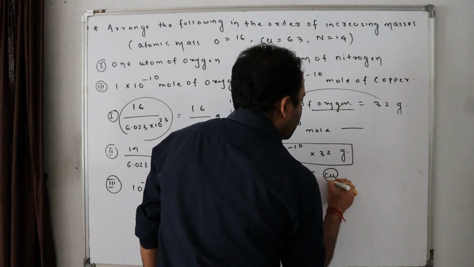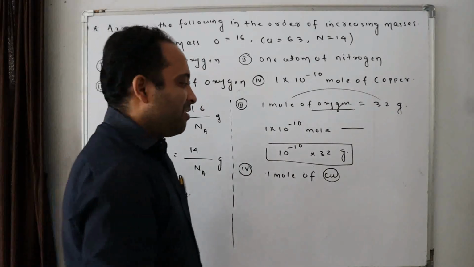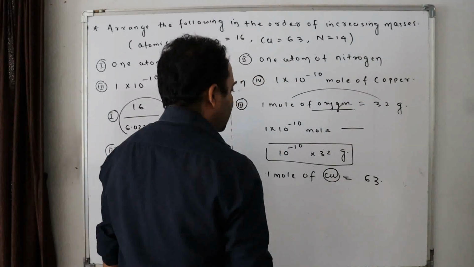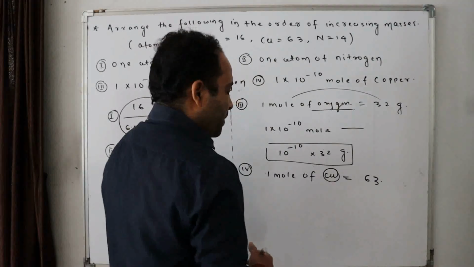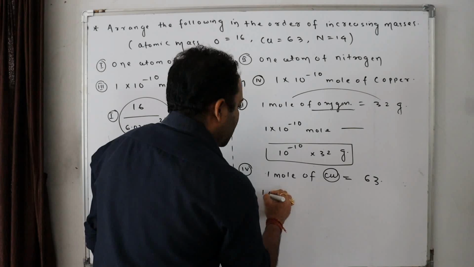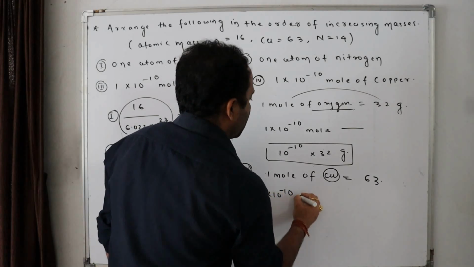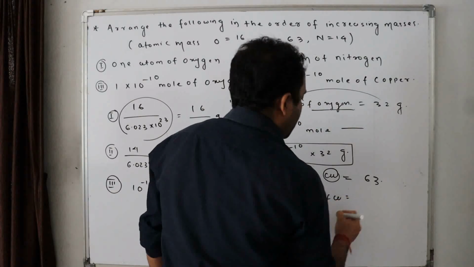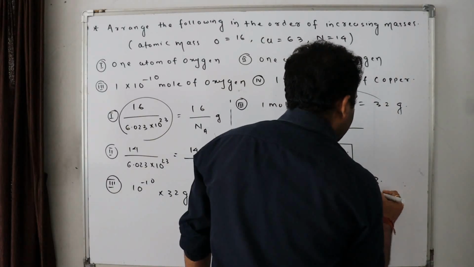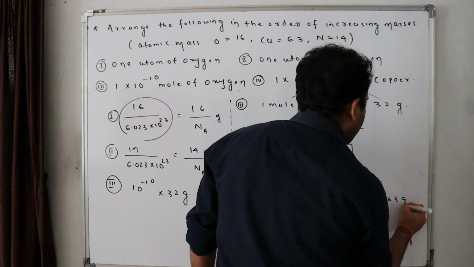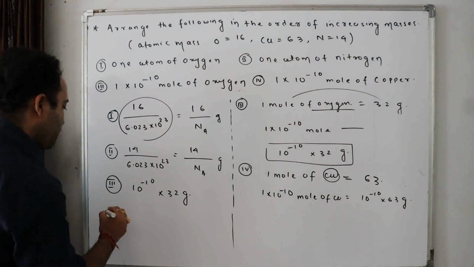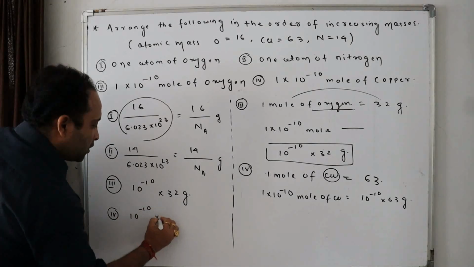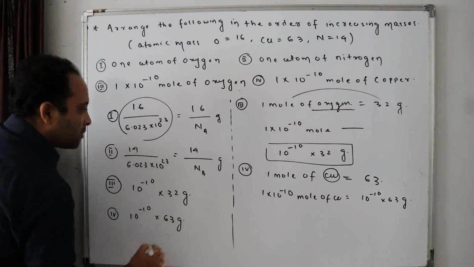Now tell me, how does copper exist? As Cu. What is the mass? 63, they have told us to take it as 63. It is 63.5 actually. So 1 into 10 to the minus 10 mole of copper, mass will be 10 to the minus 10 into 63 grams. The fourth case is 10 to the minus 10 into 63 grams.